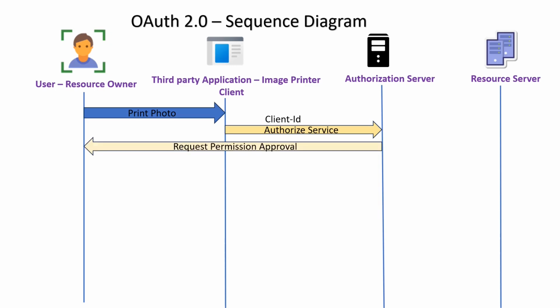Now the auth server will say, thanks for the request, but I have to verify with the user, because ultimately the user should also say, yes, I have sent the request via the third-party application. So the auth server will send a request for permission to approve this request coming from the third-party application. Once the user says, yes, I have sent this request to share the resources or photographs, then the request is approved.